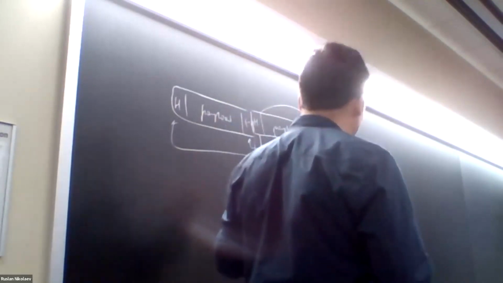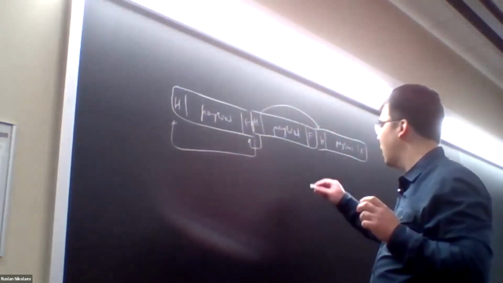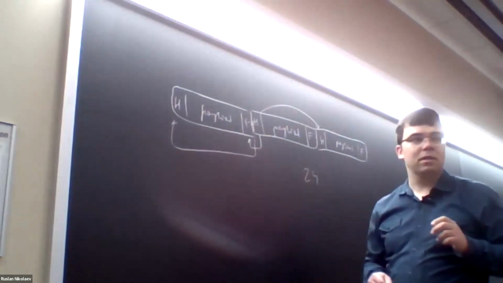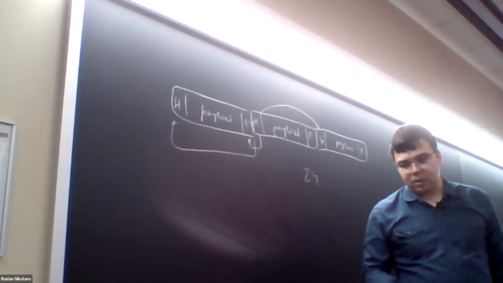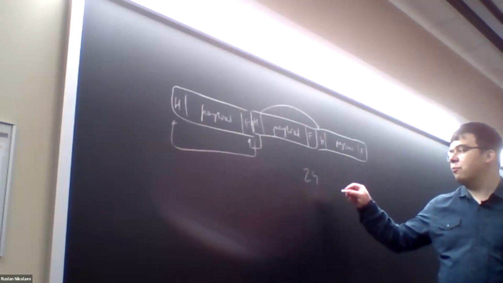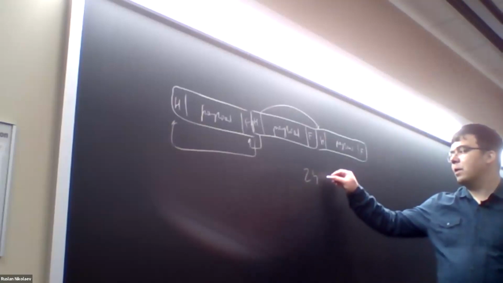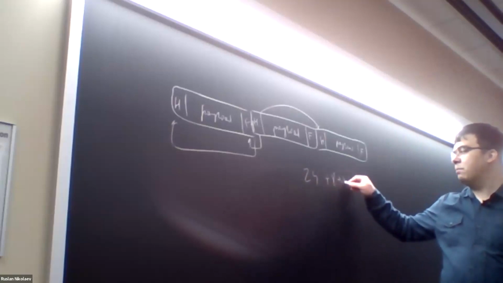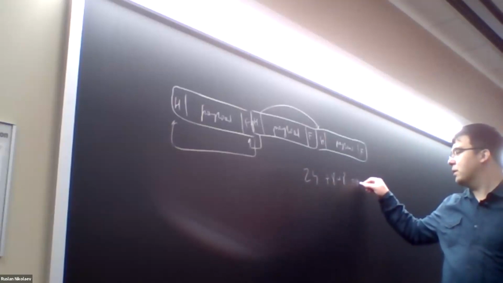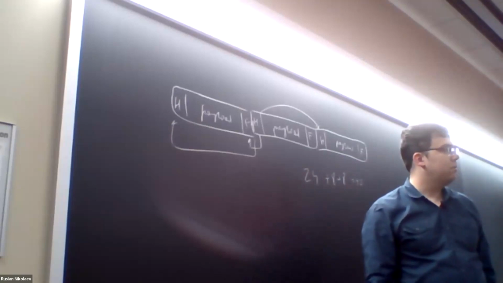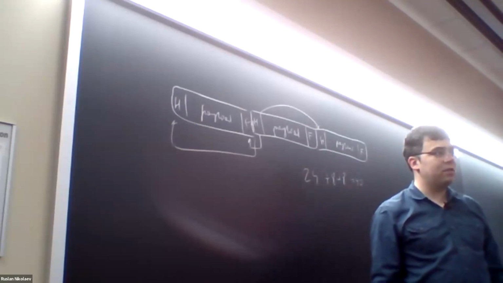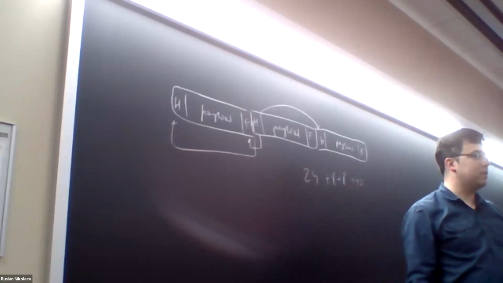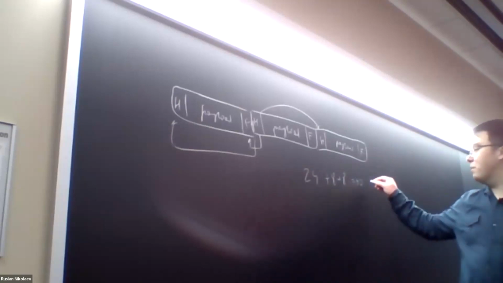Let's say I need to allocate 24 bytes. I need to have a header and footer. This is 8 and 8 bytes, so that gives me 40 bytes. But I still cannot do 40 bytes because I need to round up to a multiple of 16. So it's actually going to be 48 bytes.